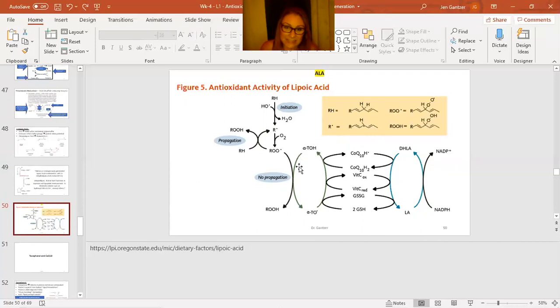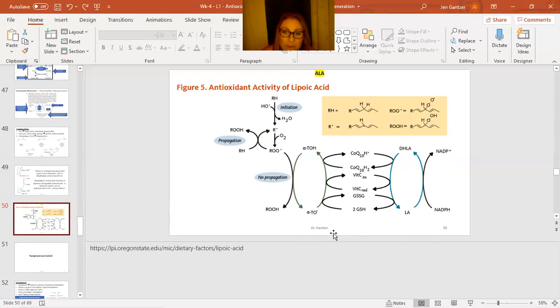So then on this side, this is something we haven't learned yet, but this is a beautiful picture where dihydro alpha lipoic acid, or reduced ALA, is going to make sure that CoQ10, vitamin C, and reduced glutathione are all in their reduced states.